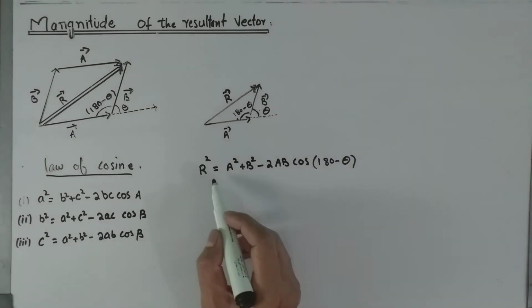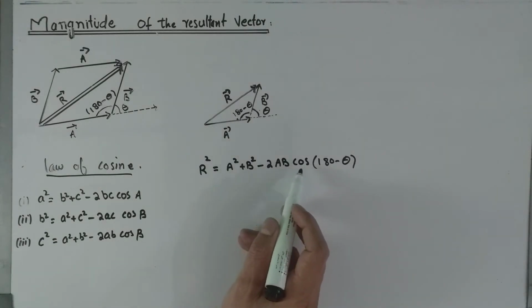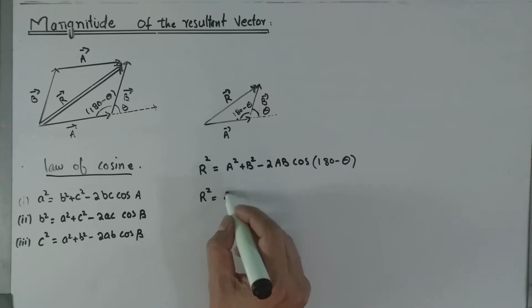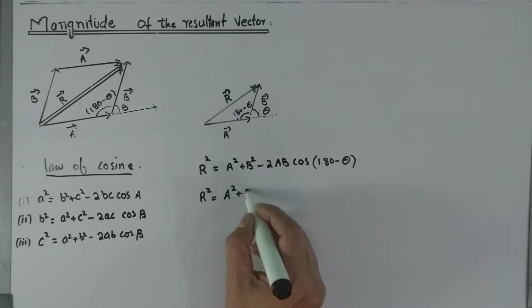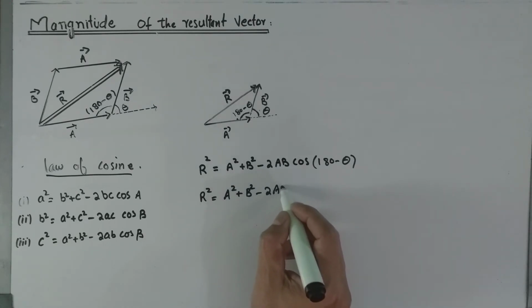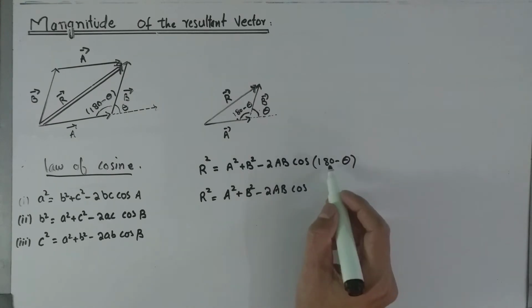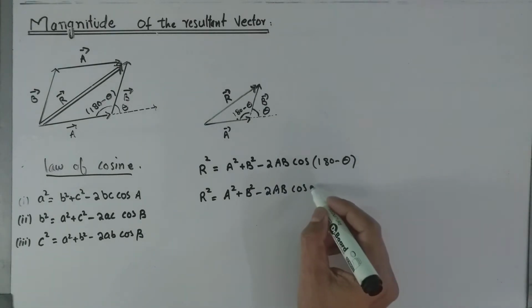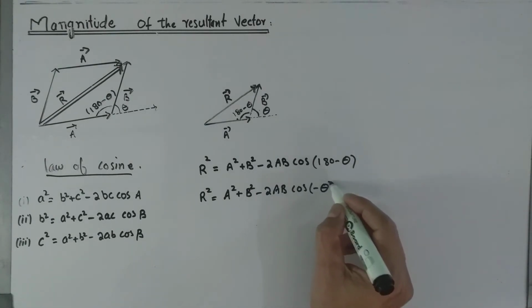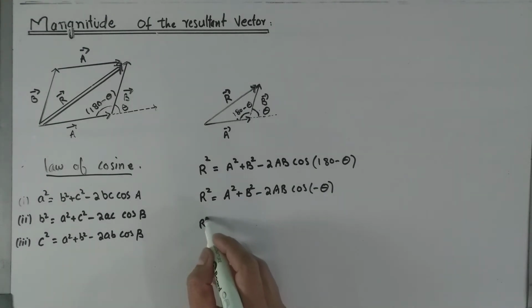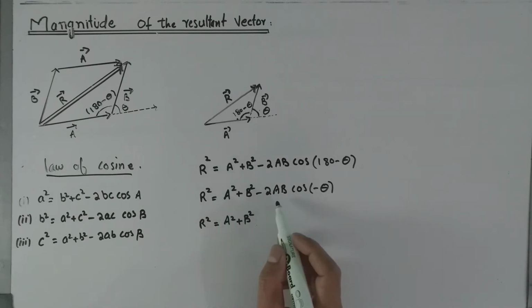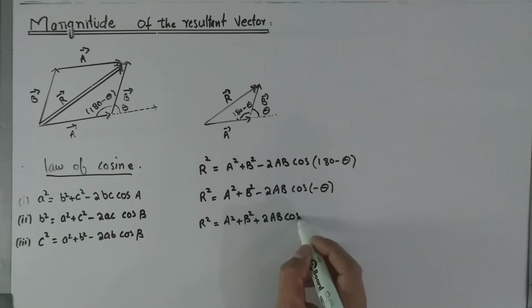So R square is equal to A square plus B square minus 2AB cos of 180 minus theta. Cos of 180 minus theta is equal to minus cos theta, so this becomes plus. R square is equal to A square plus B square plus 2AB cos theta.